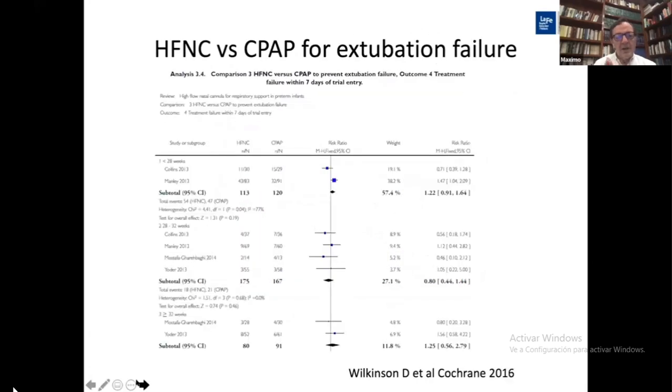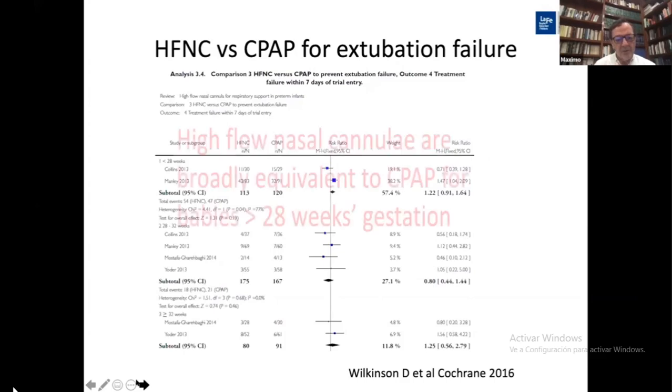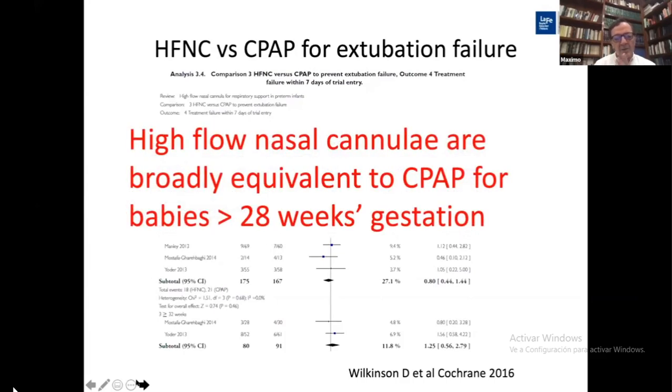Regarding high flow nasal cannula for extubation failure versus CPAP, it was shown that CPAP is better than high flow nasal cannula for very preterm infants. But when we speak about babies above 28 weeks of gestation, high flow nasal cannula is broadly equivalent to CPAP for babies of these gestational ages, and it is easier to manage and more user-friendly.